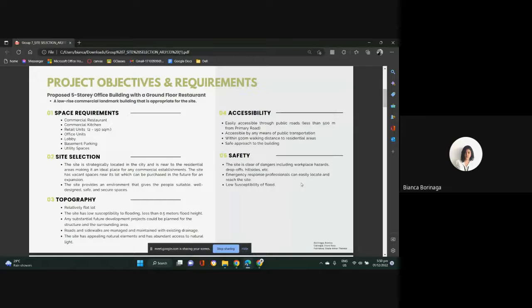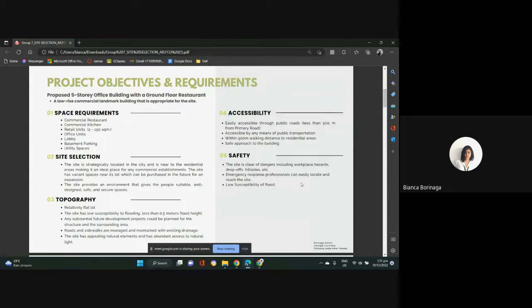Okay, so good afternoon, everyone. We are here to present our site selection. So for the project objectives and requirements, the site to be selected must suit these 5 considerations to fully justify the location of the proposed 5-story commercial building.